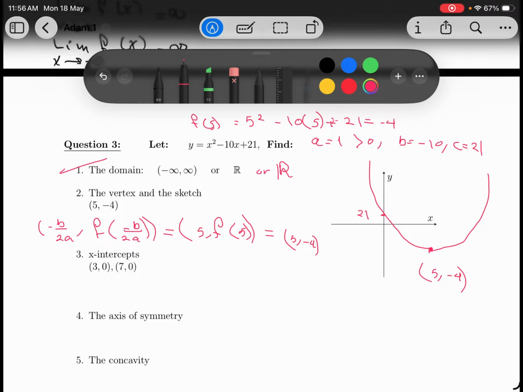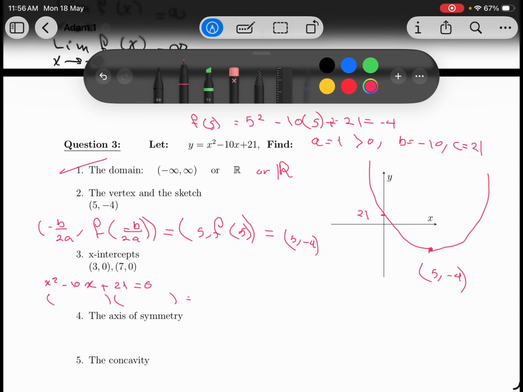And for x-intercepts, I will take this function, which is x squared minus 10x plus 21, and make it 0. If you have any weaknesses in how to factor, I have a video here in this playlist.